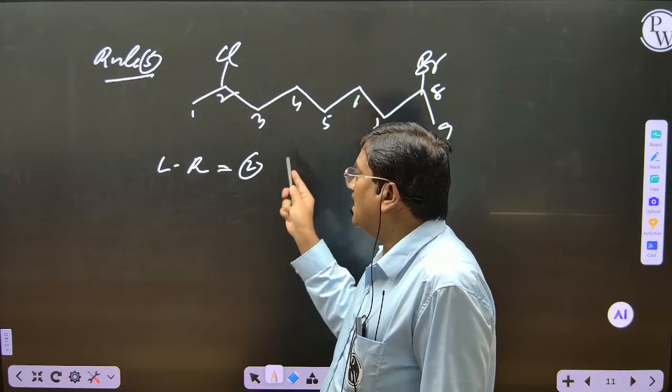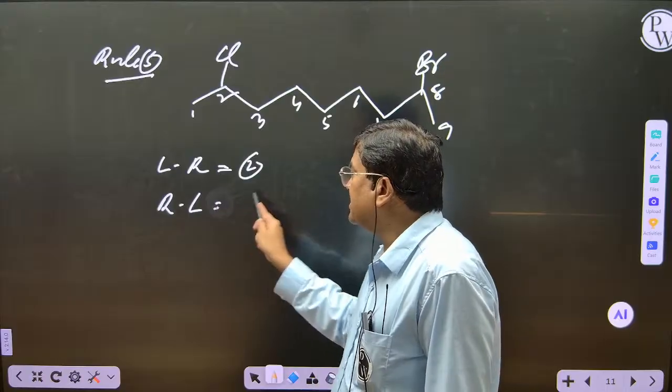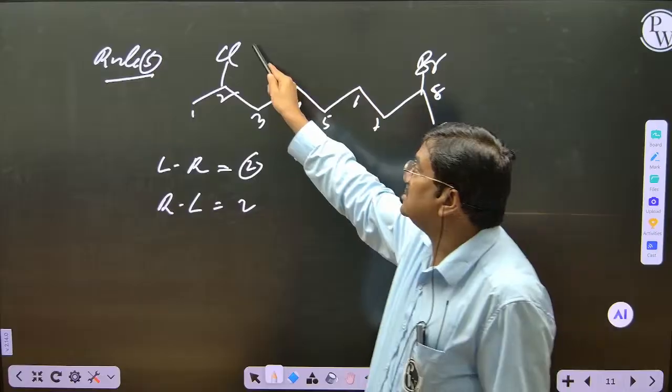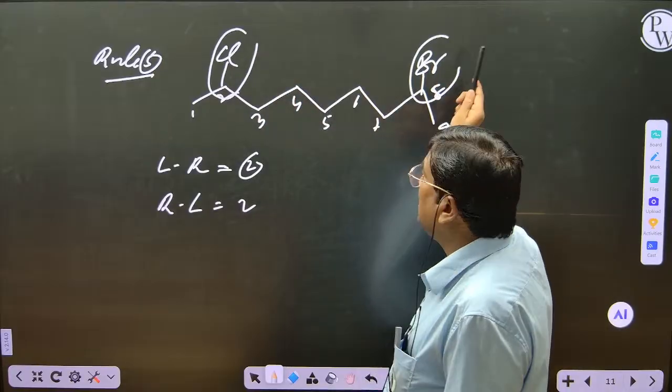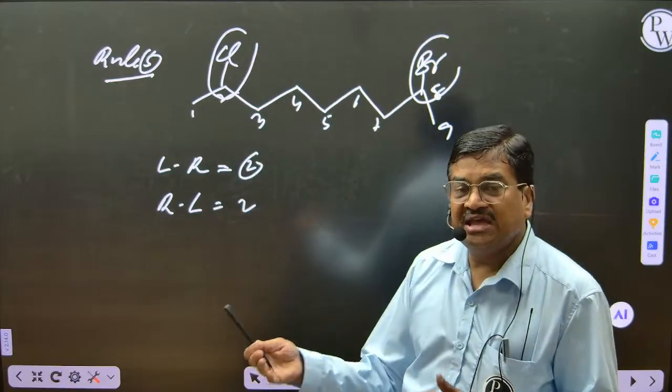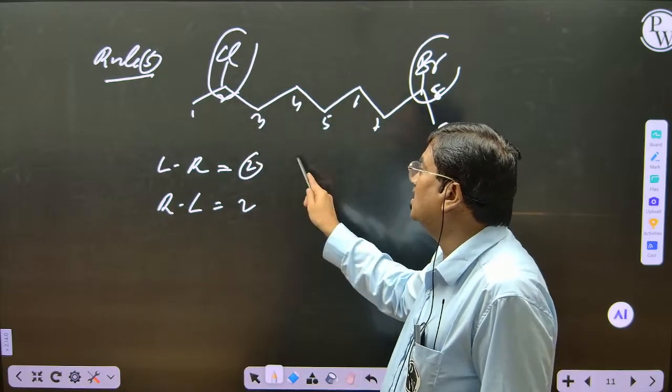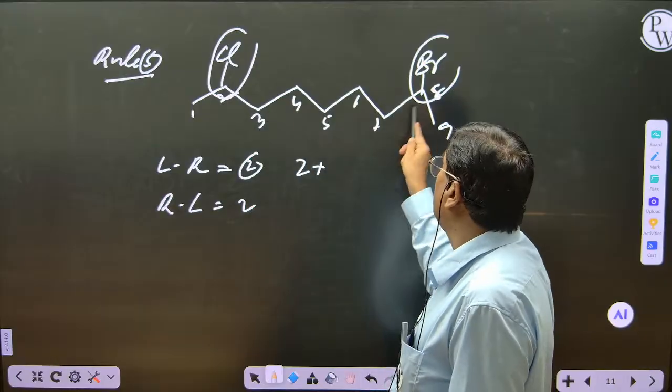Correct? And right to left also, what is the first locant coming? Getting the idea? In both cases the first locant is 2, 2. Then go by the sum rule. First locant is same, what I told you, go by sum rule. The sum rule also comes the same. Do you agree how? 2 plus 3, 2 plus 8.